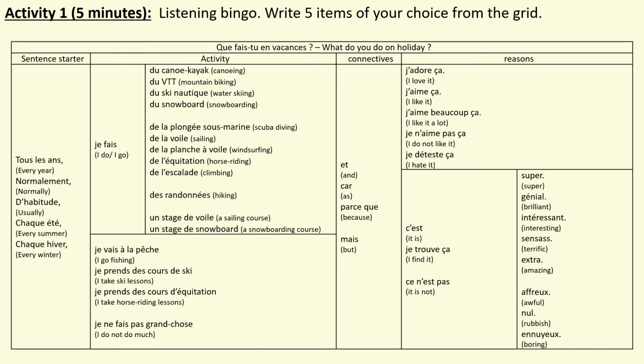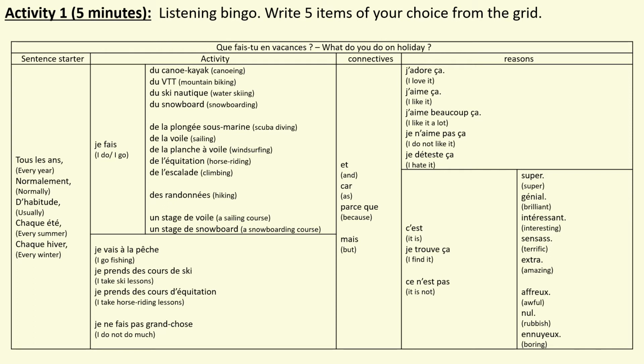Yeah, don't just write je fais. Third box, pick a connective. And the last section, j'aime ça, for example, or je déteste ça, or c'est super, c'est extra, je trouve ça intéressant. So try to have a variety of elements, of items in your exercise book, but no more than 5.